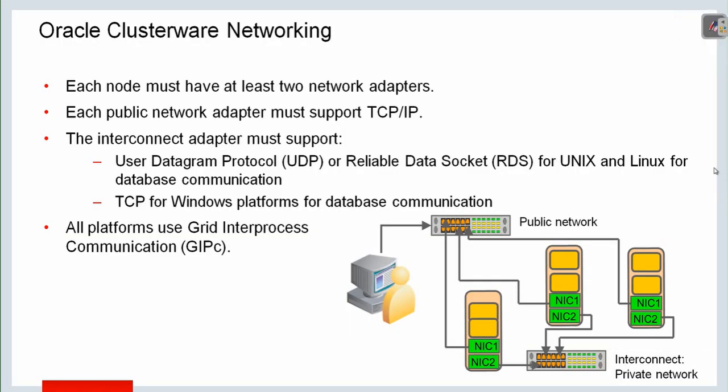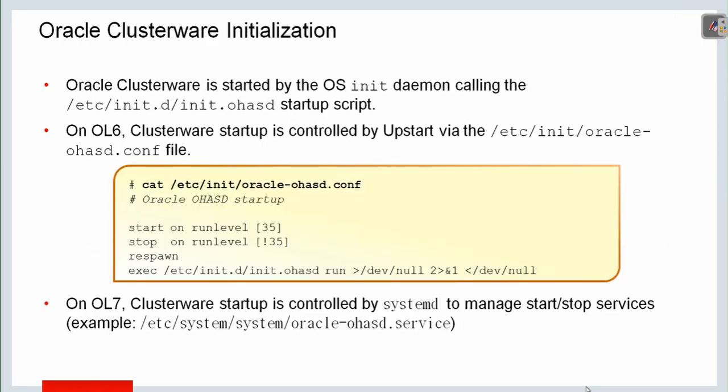So let's come back here. Okay, so once you install the Oracle Clusterware, you will see the init.ohasd, the Oracle High Availability Service daemon startup script. Okay, and this script will start the HA process, and also this script will start all Oracle Clusterware dependent processes.